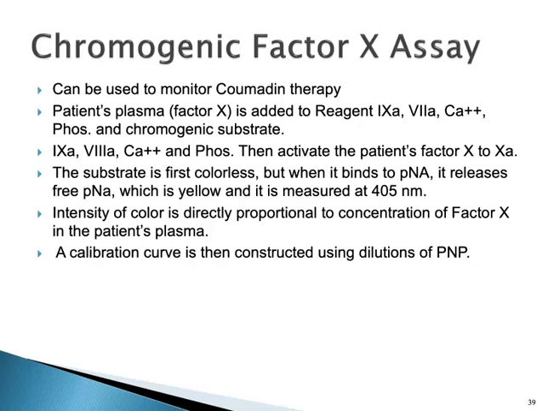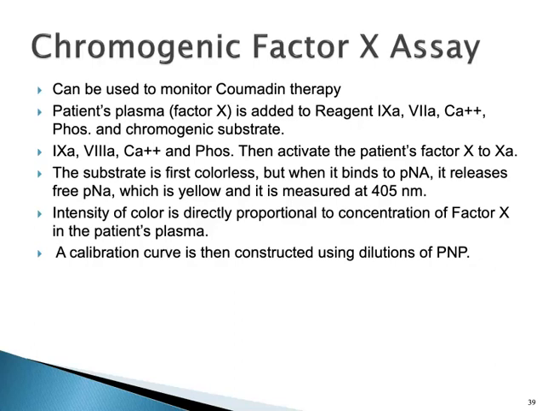The chromogenic factor 10 assay is a test that we can use in cases where the patient has a factor deficiency or a lupus anticoagulant and we cannot use the PT and INR. We can use this test to monitor Coumadin therapy.